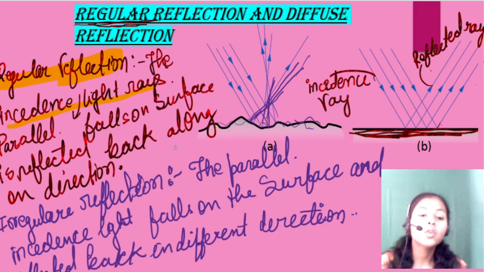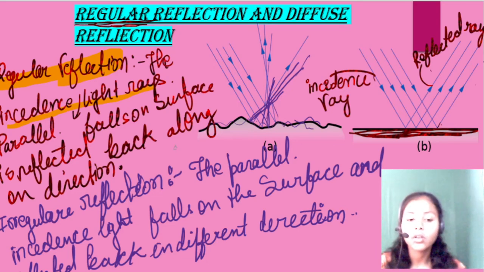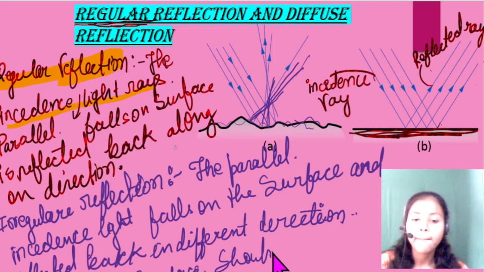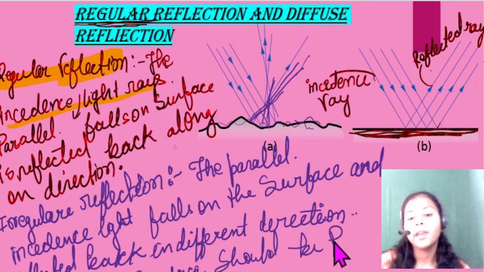So the requirement in regular reflection is what? The surface should be plane.